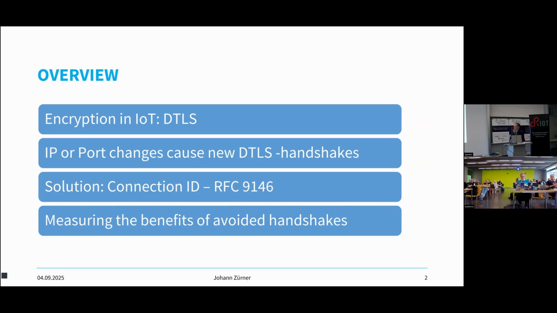And there is an issue with port and IP changes during active communication, which leads to the session being abandoned and having to restart. A solution for this problem was developed. It's called Connection ID. And I was looking at the benefits of Connection ID. In reality, what does it actually save in terms of power consumption as well as timing?